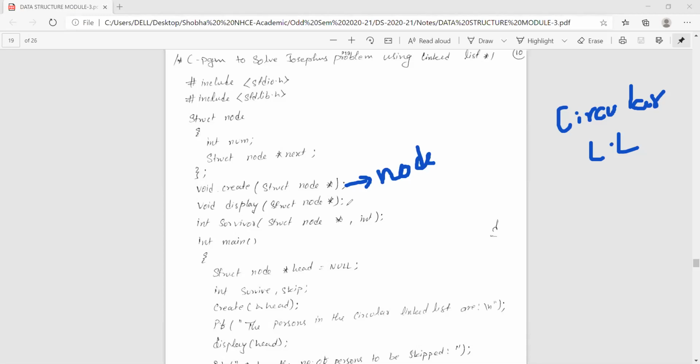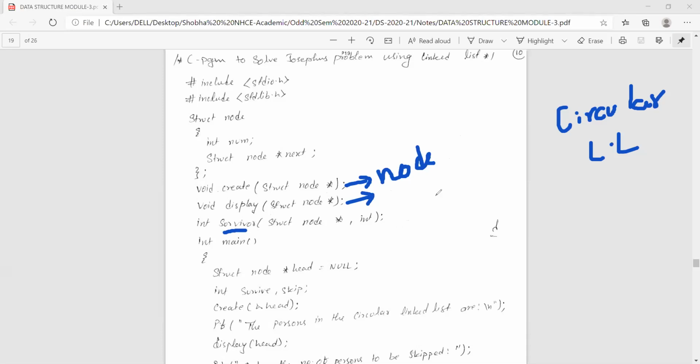Then display will just print your linked list. And survivor is a function which will execute the algorithm, the steps of Joseph's problem. Finally, the main function calls all these functions.